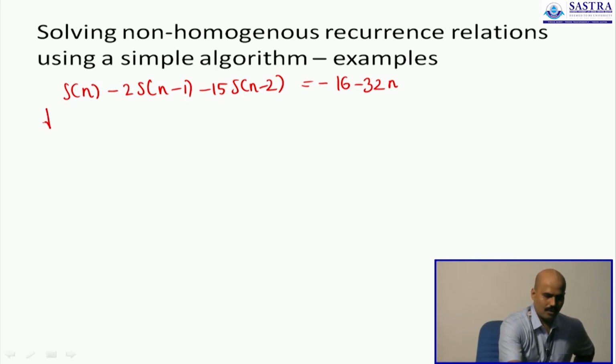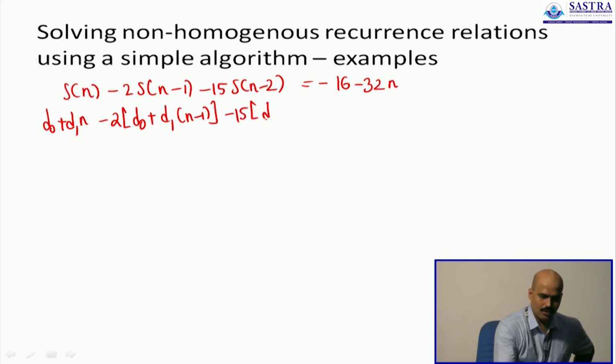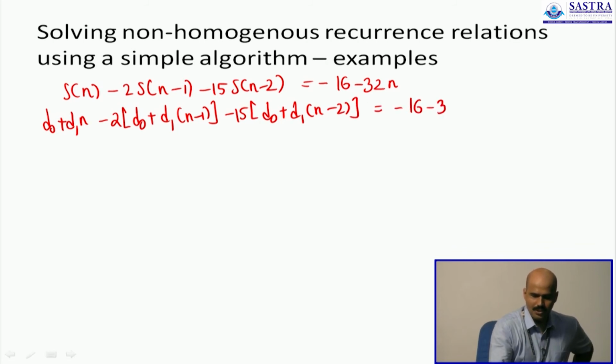So, you have d naught plus d1 n minus 2 times d naught plus d1 n minus 1 minus 15 times d naught plus d1 n minus 2, giving us this linear expression as the answer.